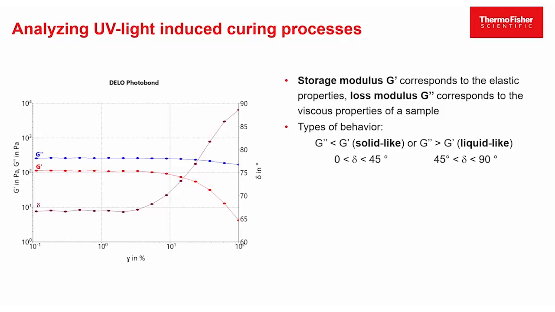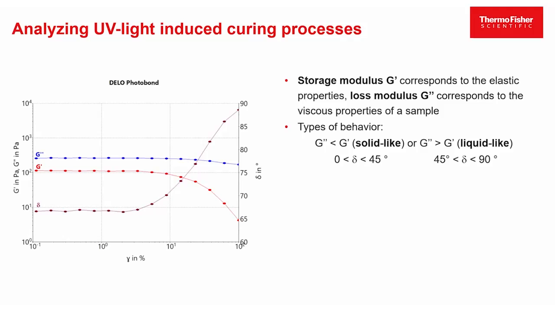In this case, we see that G prime is always lower throughout the entire measurement compared to G double prime. This indicates that the sample is very liquid-like, but this is not surprising, as we are talking about an uncured adhesive.